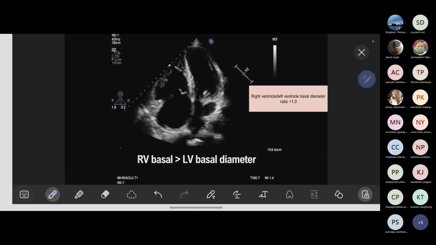The patient has RV-LV ratio more than 1. Let's see, this RV and this RA are larger than the LV and LA. So they have one category, right?